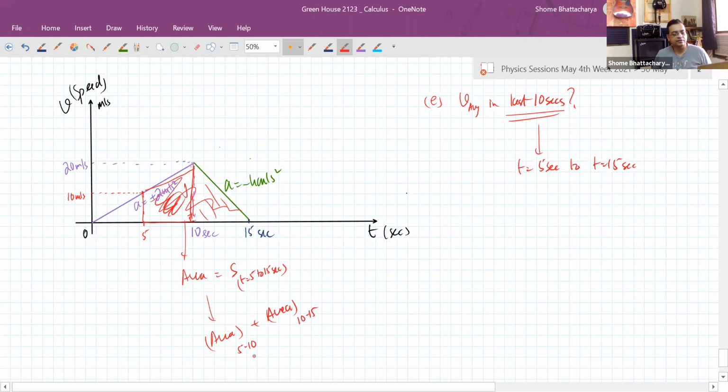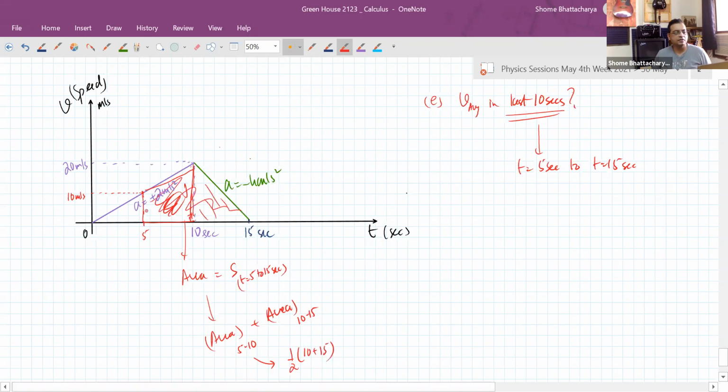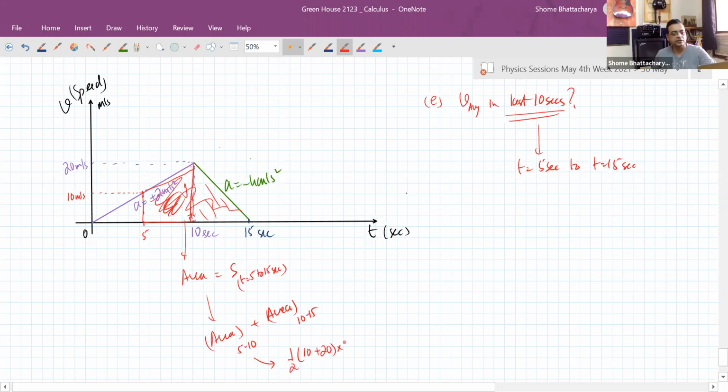For the area from 5 to 10, we'll have to use the trapezium formula, that is half the sum of parallel sides into height. So the sum of parallel sides will be 10 plus 20, by mistake I said 15, into the perpendicular distance between them, which is 5 seconds.